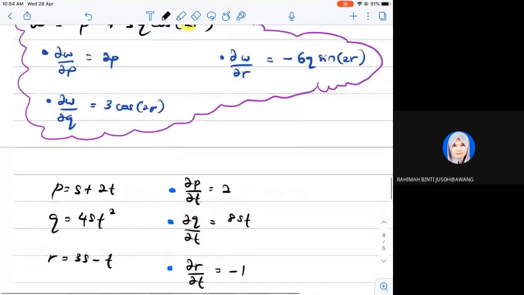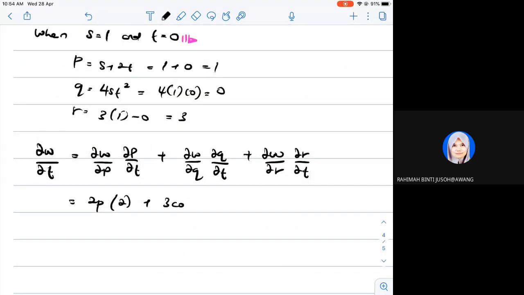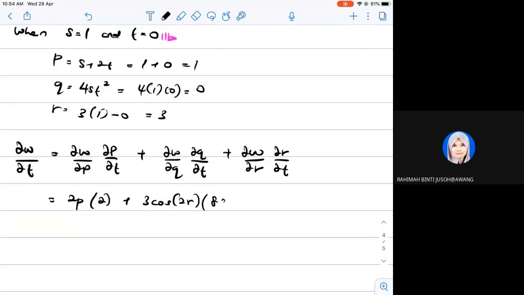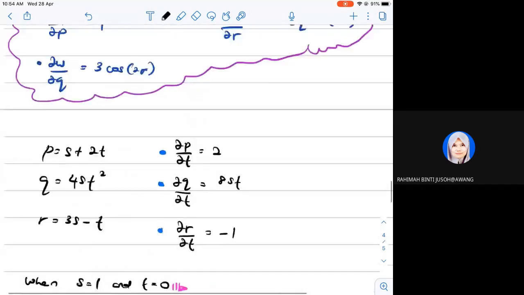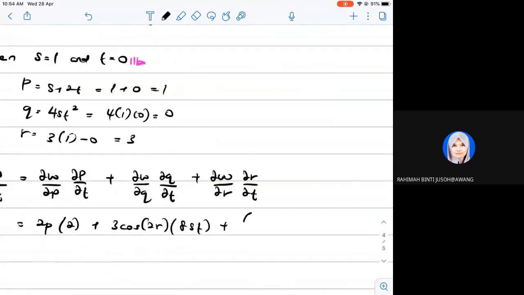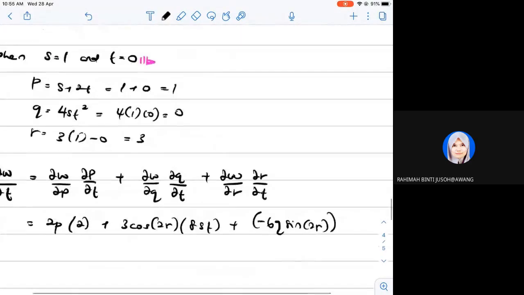Plus del W over del Q is 3 cos 2R. Multiply with del Q over del T, 8ST. And then plus del W over del R, negative 6Q sin 2R, multiplied by del R over del T is -1.